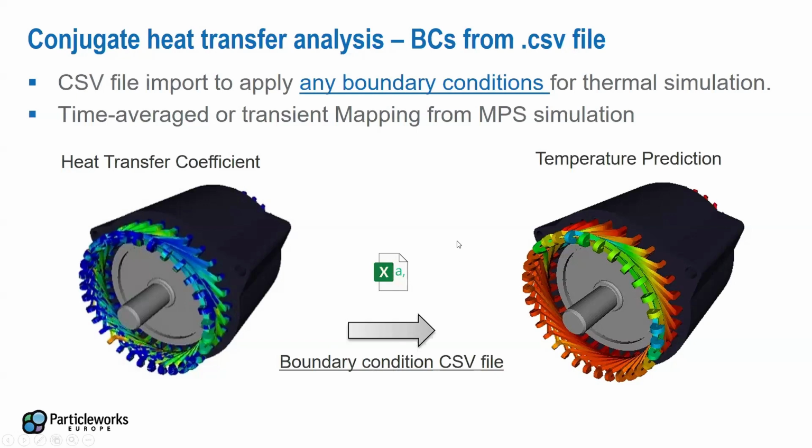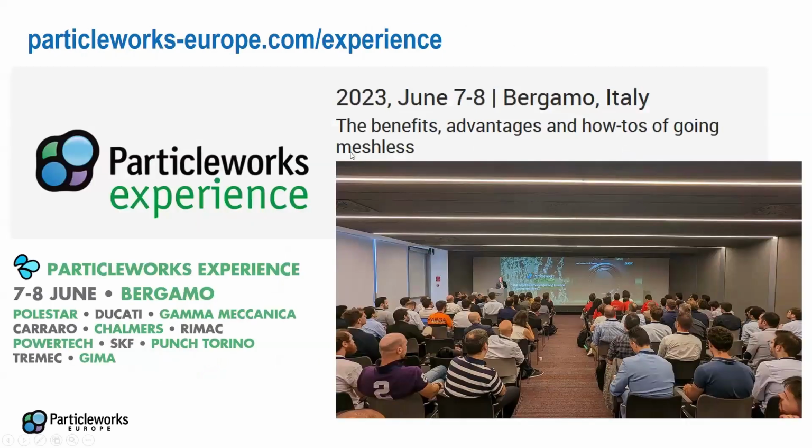So again, we see one digital model, meshless, that really speeds up the workflow for temperature prediction, because at the end, of course, especially in the e-motor domain, we want to predict hotspots very, very fast, okay?